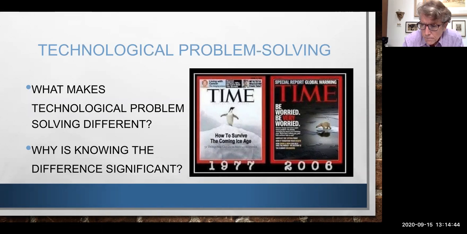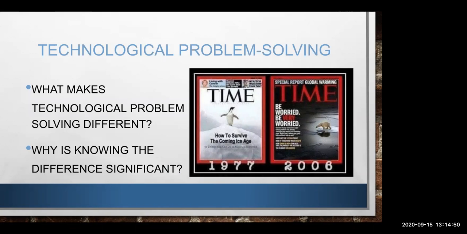It's going to happen regardless. But with a technological problem, you could, with the help of others, find a solution for it, and it's a problem that you actually can solve.